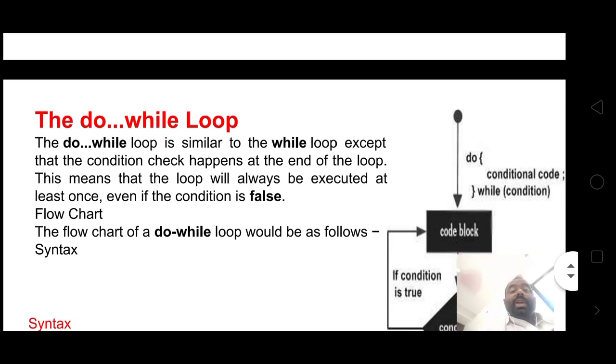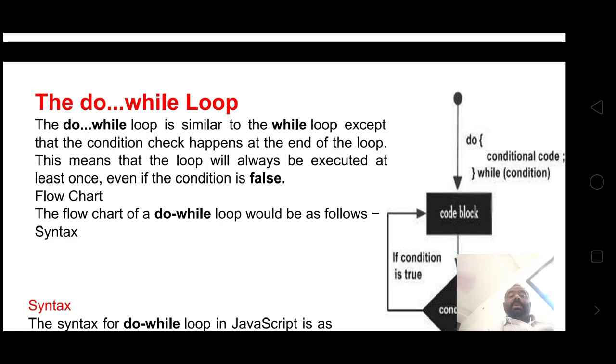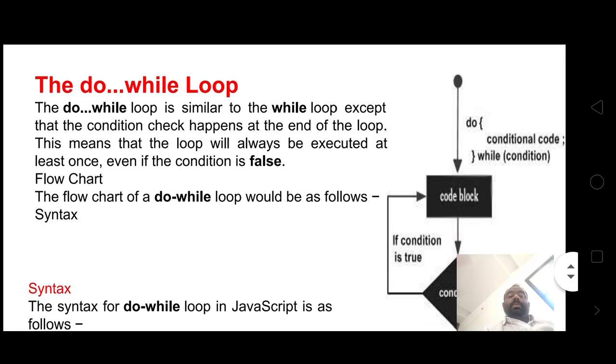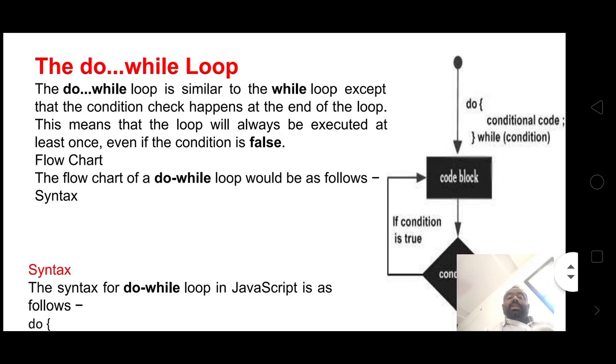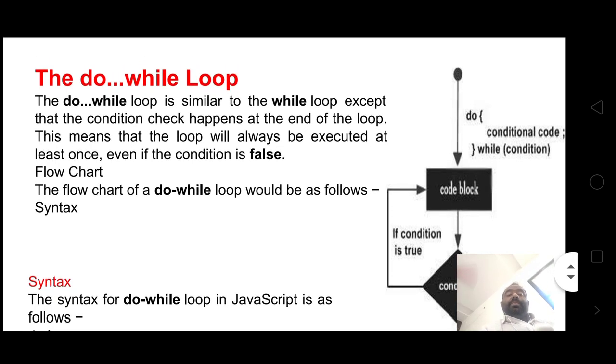The do while loop. A do while loop is similar to the while loop, except that the condition check happens at the end of the loop. This means that the loop will always be executed at least once, even if the condition is false.